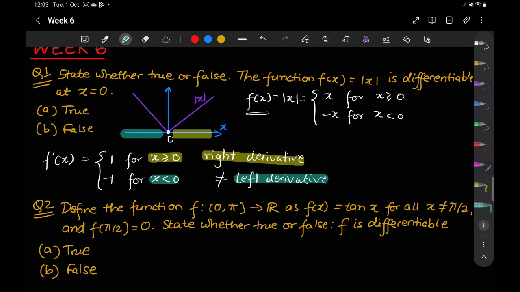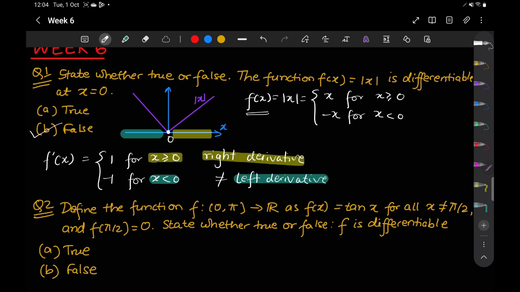And these two values are not equal, and because they are not equal, the function is not differentiable at x equals 0. So this statement is false because the function mod x is not differentiable at x equals 0. It is differentiable everywhere else.